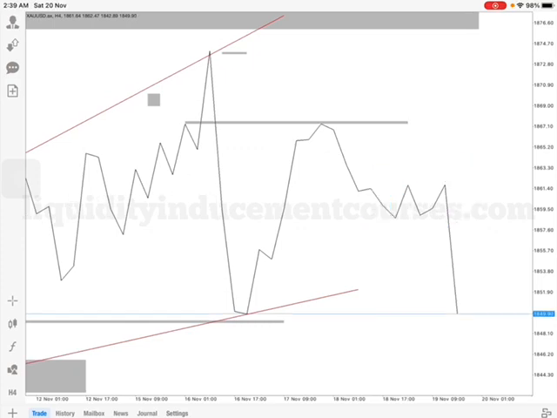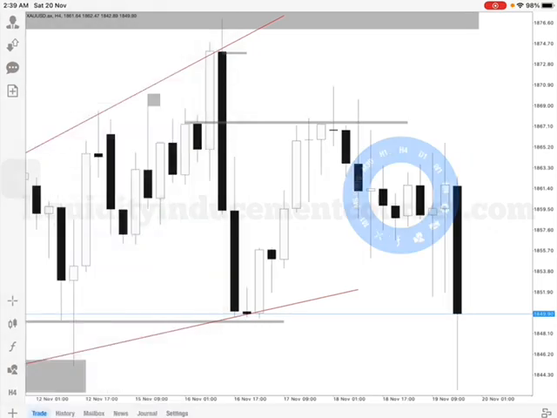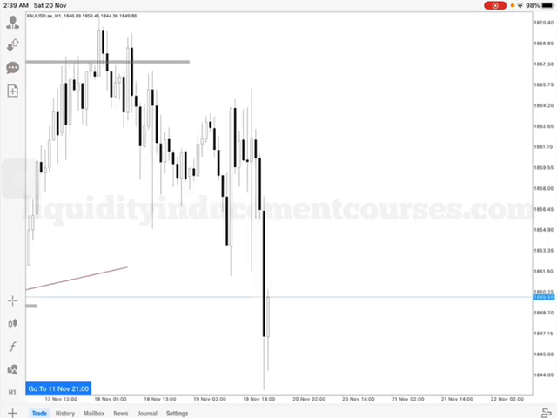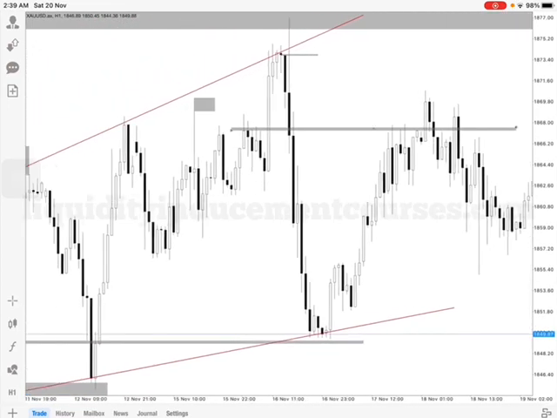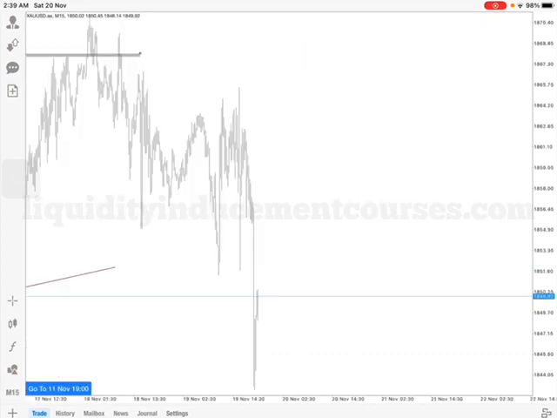Okay, and I went to the H1, okay, I refine it to here, here, still in the H4 basically, right?